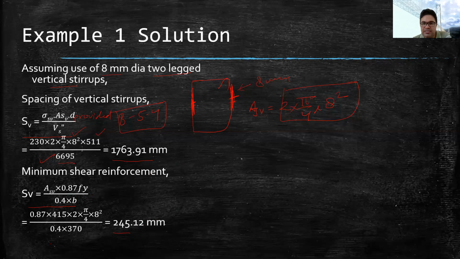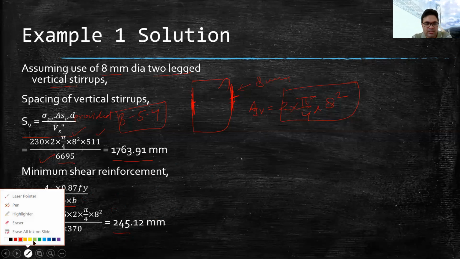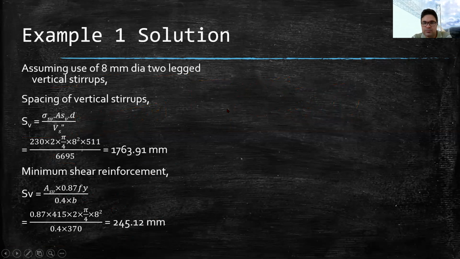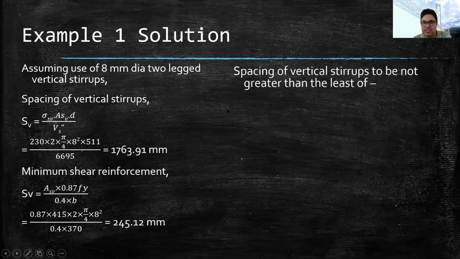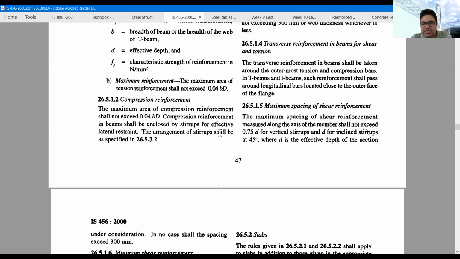As per IS code, the spacing of the vertical stirrups should be the least of the 4 points that I have explained in the steps also. So what are those? As it is written here, spacing of vertical stirrups to be not greater than the least of. First, I will show you this criteria in the IS code. There you can see on page number 47, it says maximum spacing of shear reinforcement.